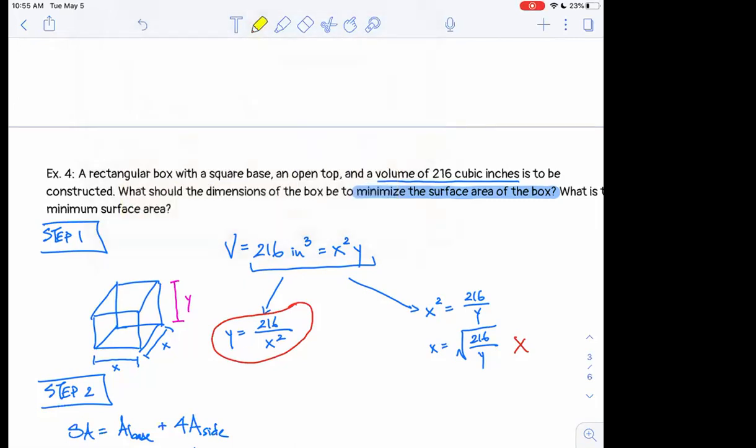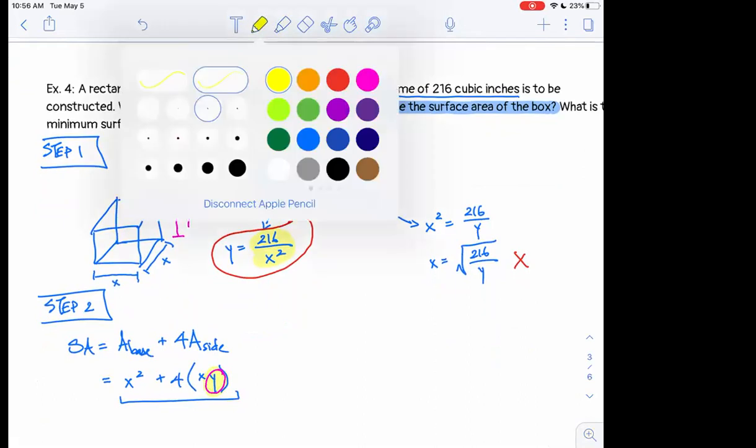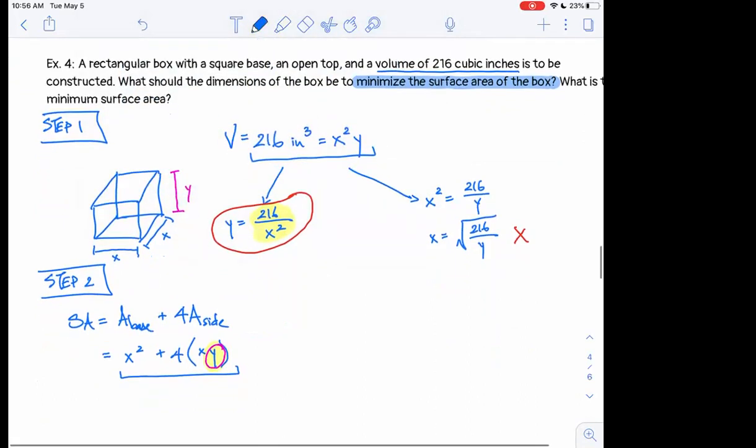And so what that means is that everywhere I see a y, I can replace it with 216 over x squared. So everywhere there's a y, I'm going to put 216 over x squared. So this is going to give me x squared plus 4 times x times 216 over x squared.